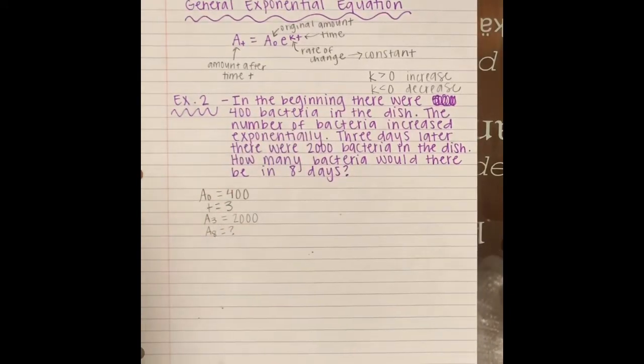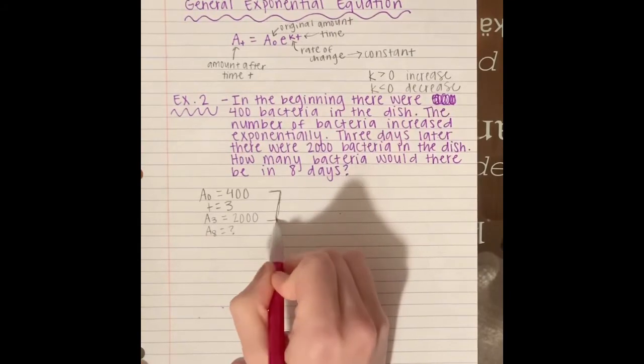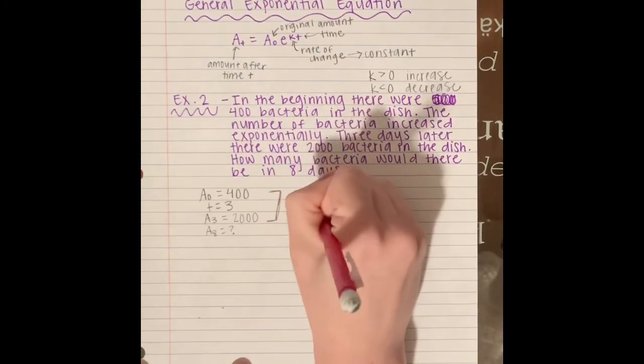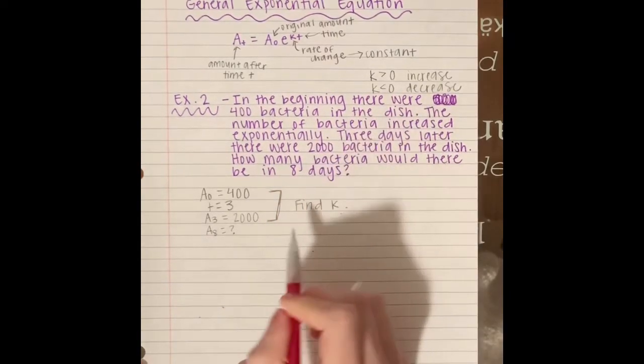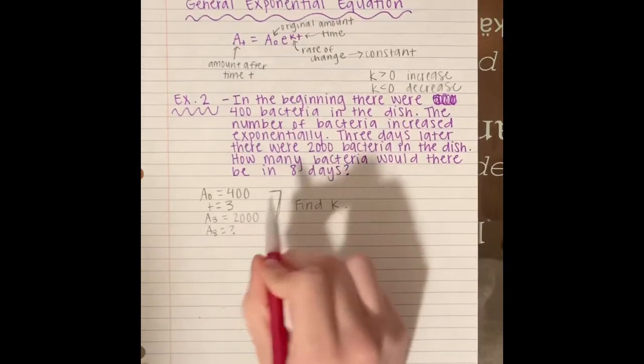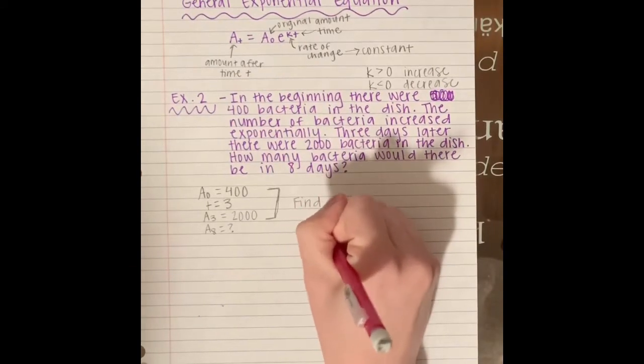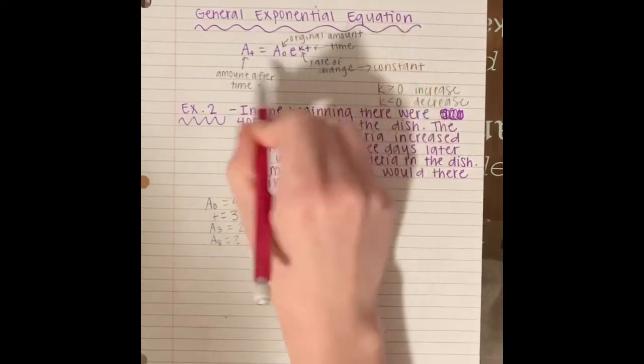How many bacteria? So what we need to do is use this information to find K, and then we can solve for what we're missing. So let's use this information that we have. A sub T, which is 2,000, and I'm just plugging it into this equation that we saw up here.